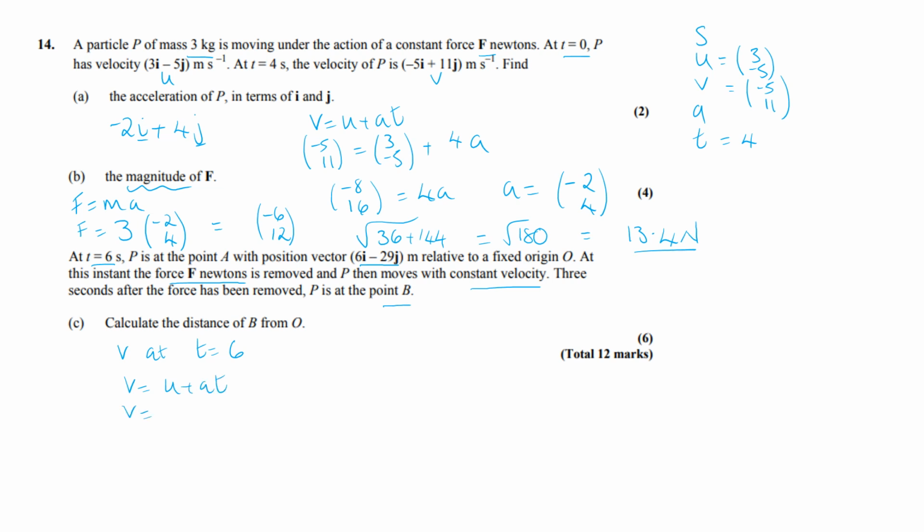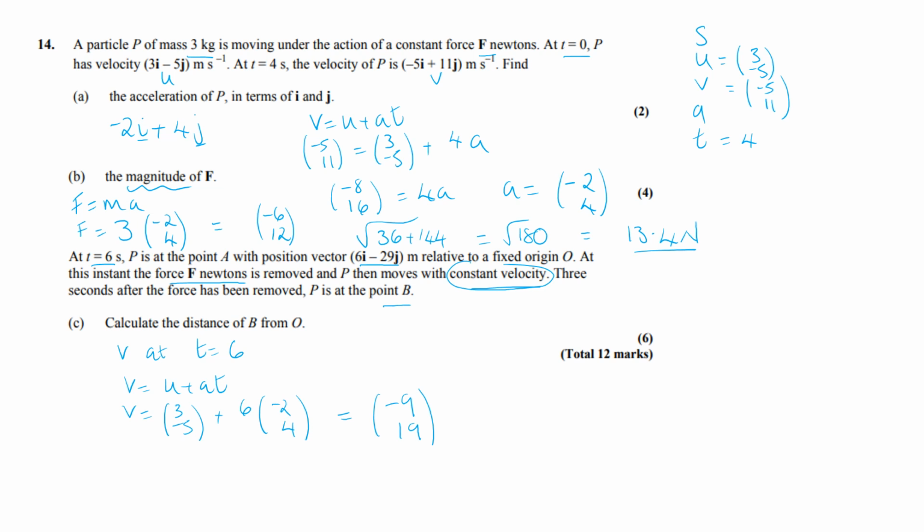So v is equal to our initial velocity, which is still our (3, -5), plus 6 lots of the acceleration, which is (-2, 4). So 3 minus 12 is going to be -9, and then -5 plus 24 is going to be 19. So this is the constant velocity it's going to then move with.